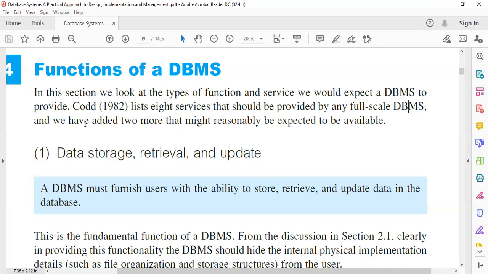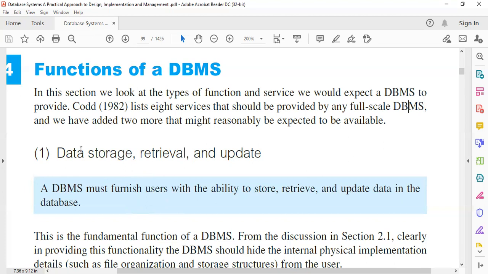The DBMS has several functions, and I believe when we were defining the DBMS, we said it will allow us to create a database, retrieve information from the database, manage the database, and also define the database. But apart from those broad functions of the DBMS, the DBMS has other functions.